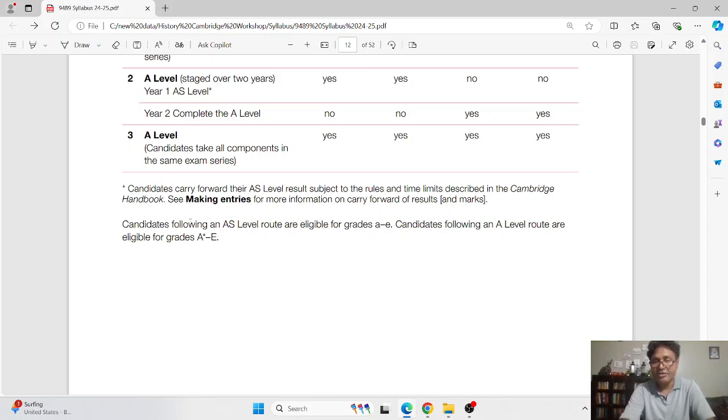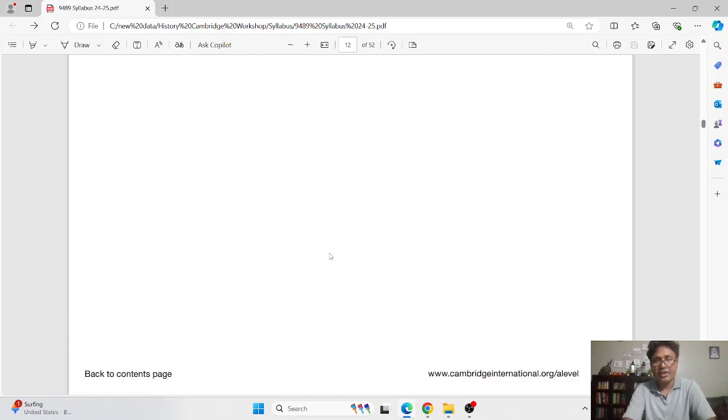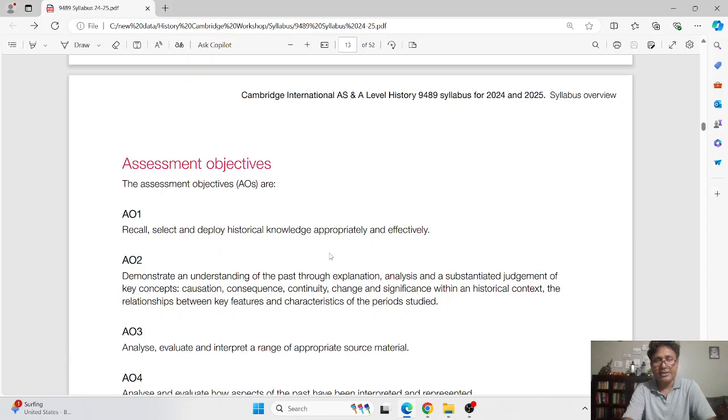If the candidates opt for the AS level route, that means the candidate is eligible for grades between A and E. But if the candidate opts for the A level route, this means that the candidate can achieve grades between A star and E. So if the students are aspiring for A star, then they have to opt for the A level route.